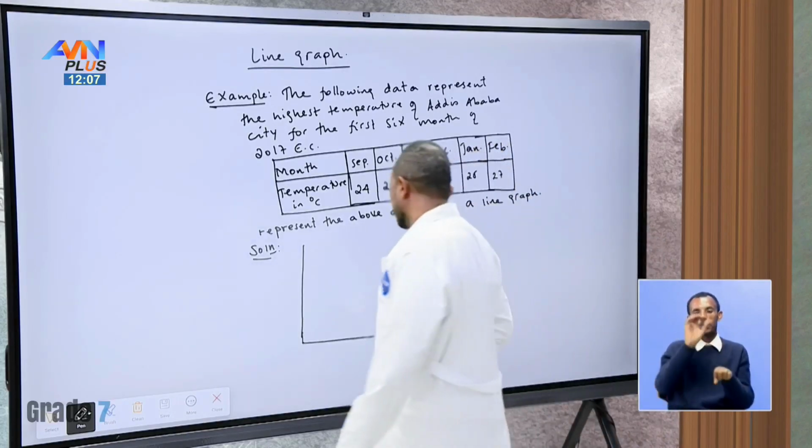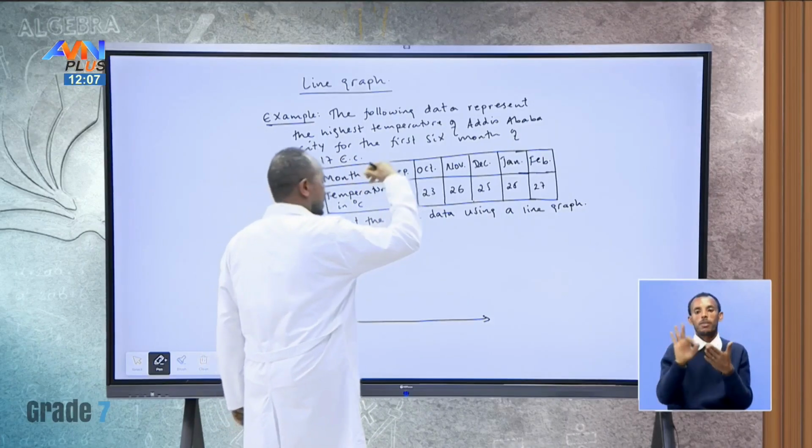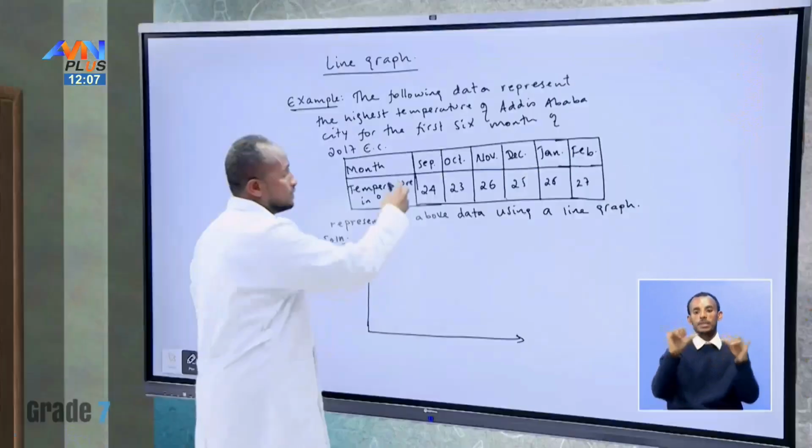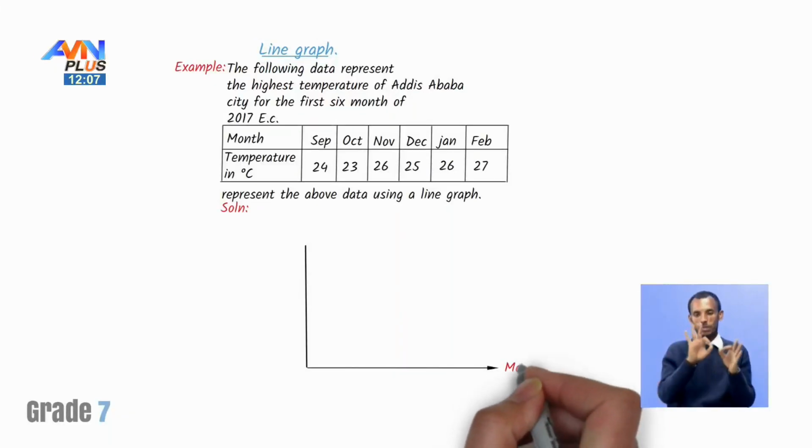So here, let's put the quantity we measured. We are measuring the temperature of different months, so I'll put the months on the horizontal axis.